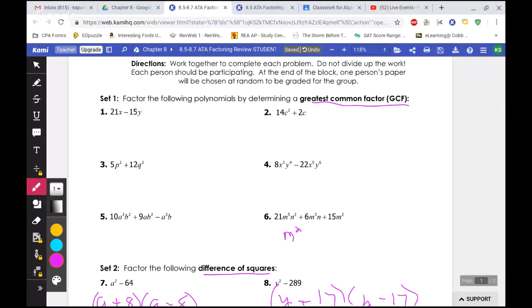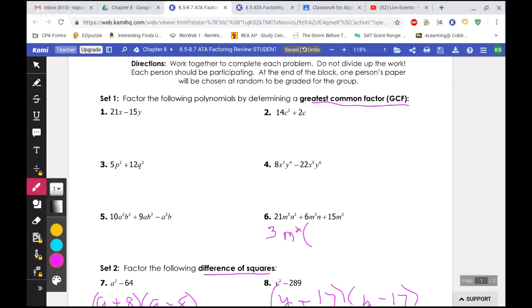In this case, that's a 6. But 6 won't go into 21 or 15. So I'm going to go a little smaller. 3 will go into 6, and it will also go into 21 and 15. So I believe that I can take a 3 out of each of these.